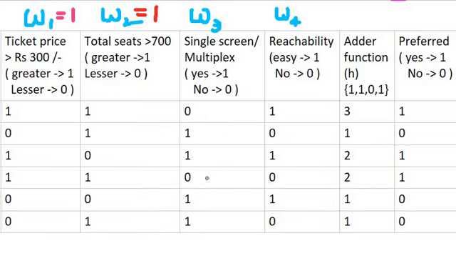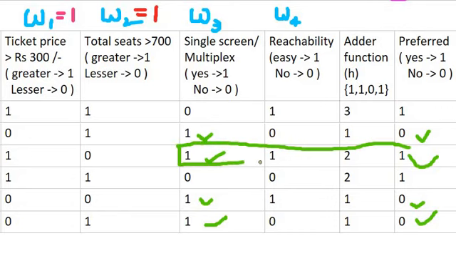Moving further towards feature 3, here we can see the 1 here corresponds to the 0 in the output. The 1 here corresponds to 1 in the output. Here the 1 corresponds to 0 again, and here also the 1 corresponds to 0 again. So in these 4 cases we can see only in this case the feature is contributing towards the output, whereas in the other cases, even though the feature is 1, the preferred output is 0.